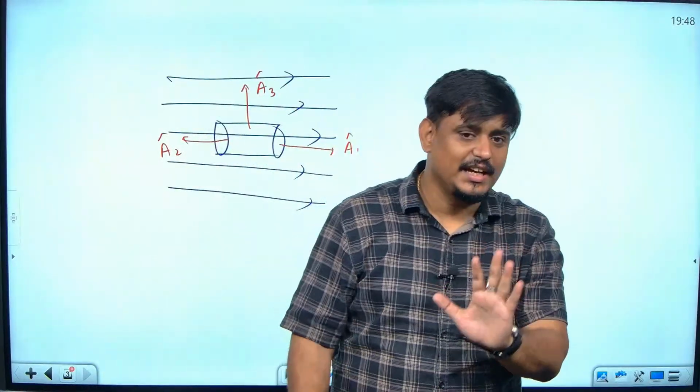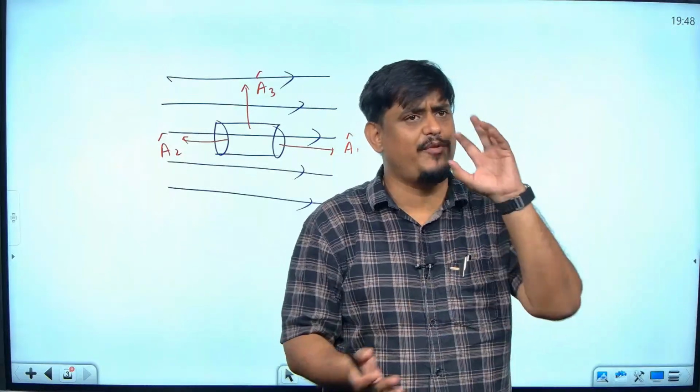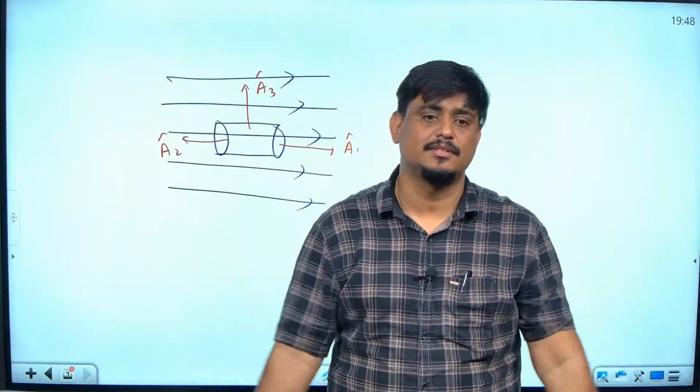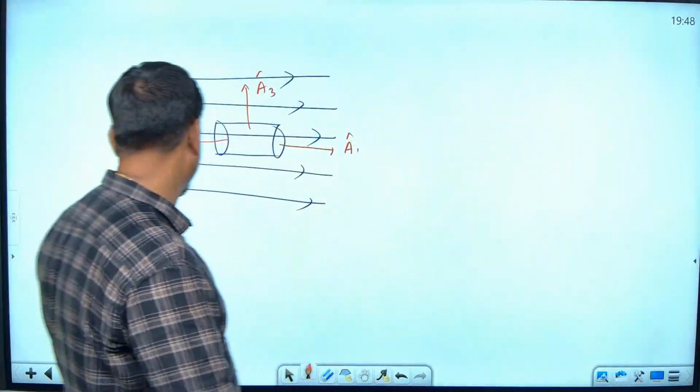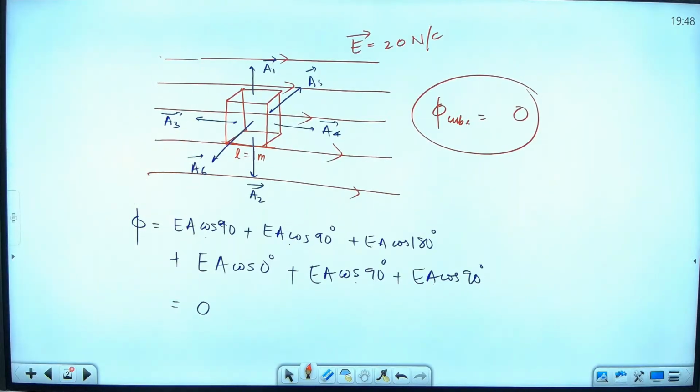Logic is flux entering, flux exiting are same. That way you can think. Or you can find for each surface and check. Is it clear to everybody? One more way you should think. See, if you see this particular case, we had 6 cube faces, isn't it?